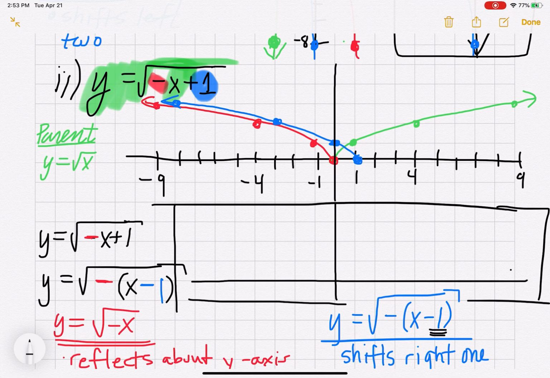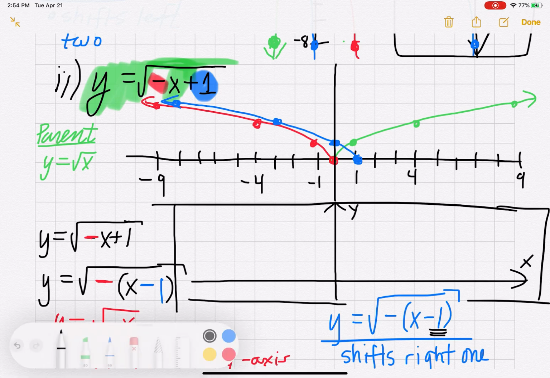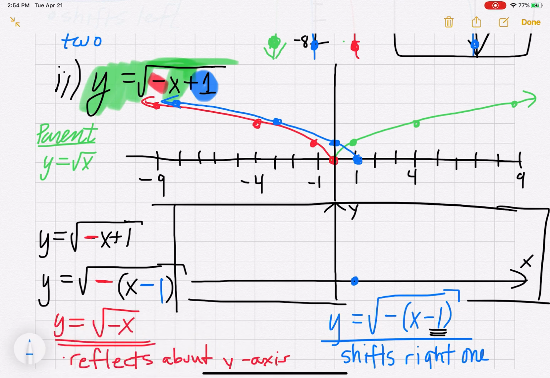So this is going to be my x-axis, and this is going to be my y-axis. I'm going to just plot those blue points I had earlier. I'm going to have here 1 0, 0 1, negative 3 2, and negative 8 3 right there.